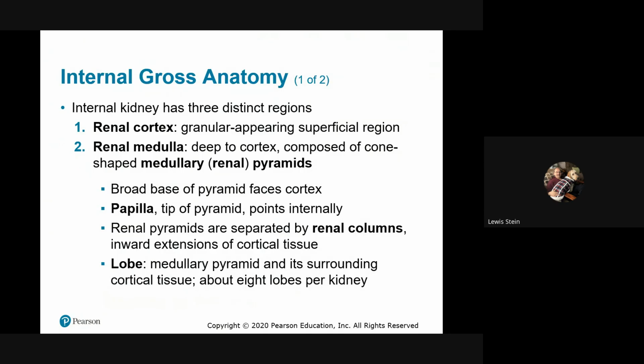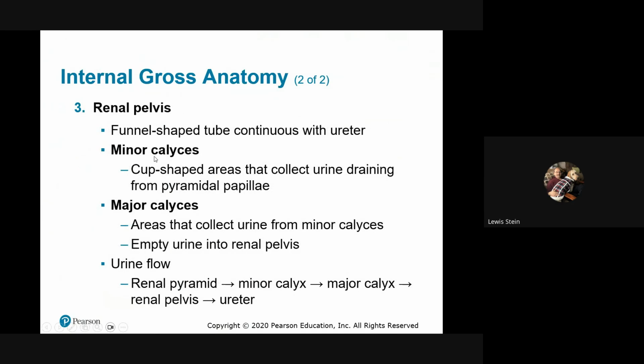So you have the cortex and the medulla. You're going to see the pyramidal design. Pyramids are interesting in that the apex, or tip, points toward the hilus. This is known as the papilla. You're going to see the column separating it. I'll describe the lobes. I'll look at the pelvis, the calyces, etc. Do know the flow.